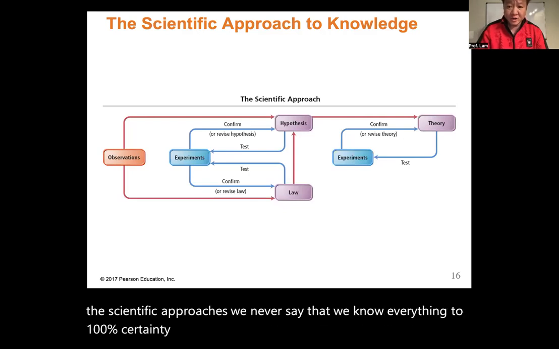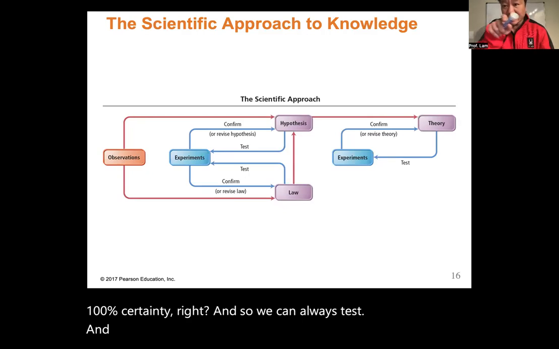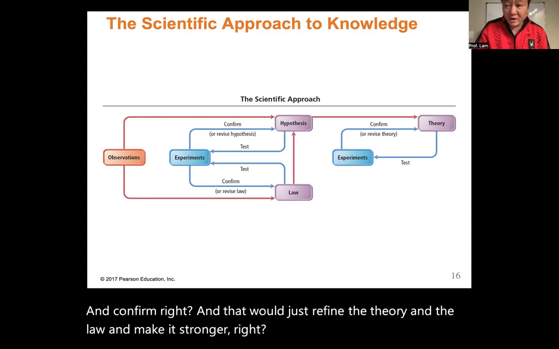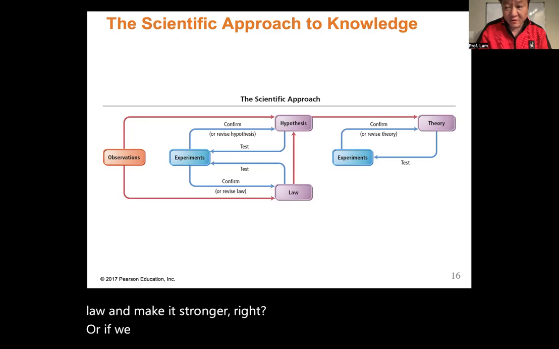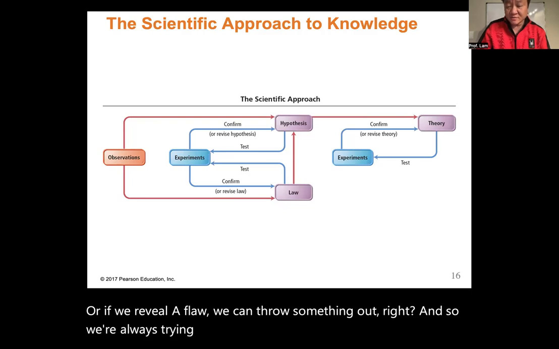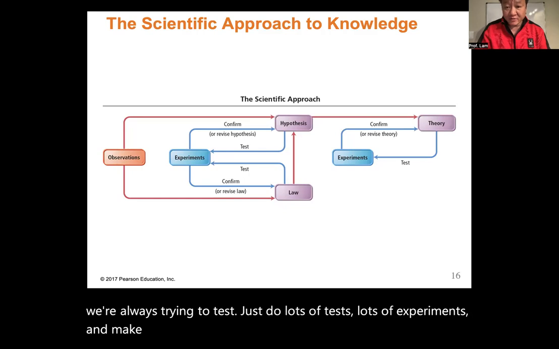And so we can always test and confirm, right? And that will just refine the theory and the law and make it stronger, right? Or if we reveal a flaw, we can throw something out, right? And so we're always trying to just do lots of tests, lots of experiments, and make sure that we can confirm the theory and refine it further, right?